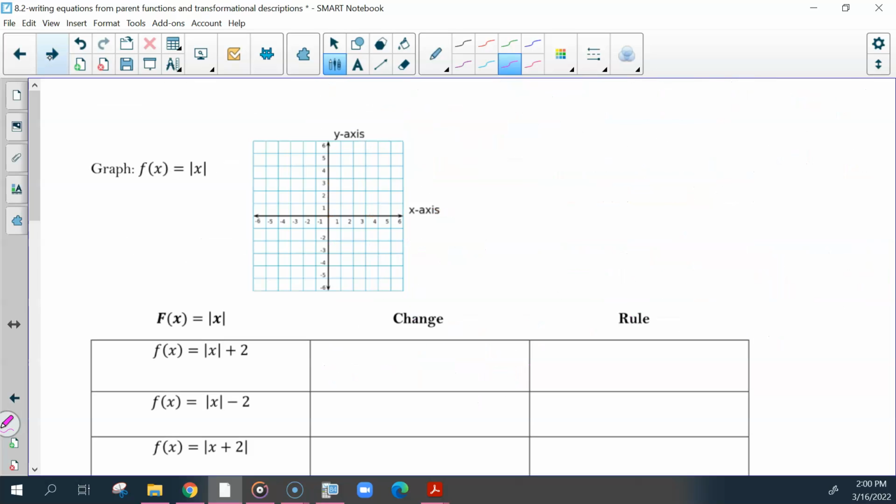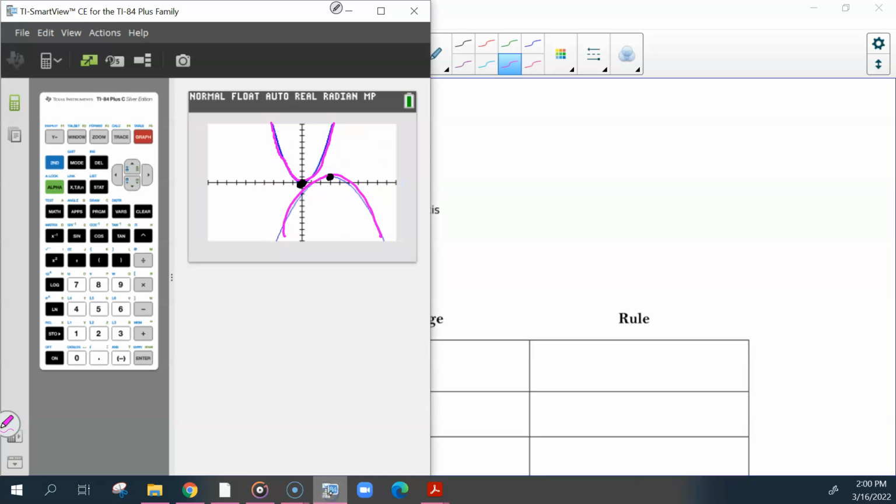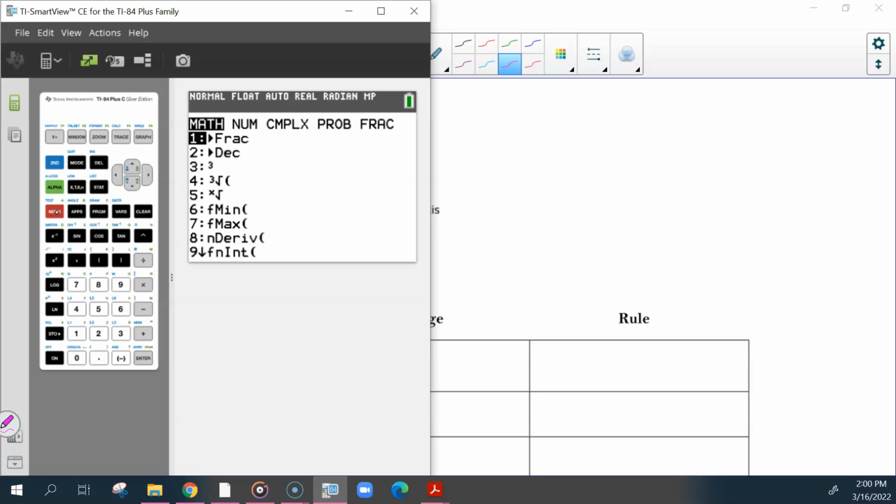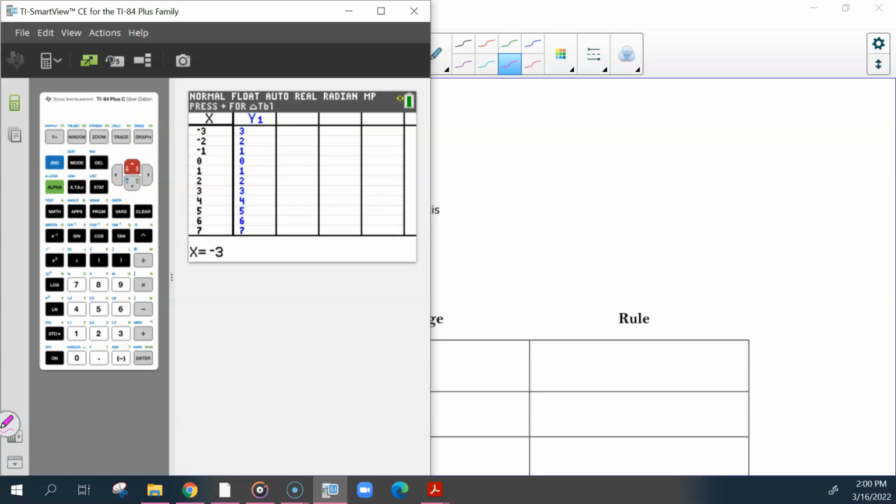Now, we are going to talk about absolute value. So again, I'm going to put that in the graph. For absolute value, there's a couple of ways to get to this. The easiest is to go through the equation and figure out the table.